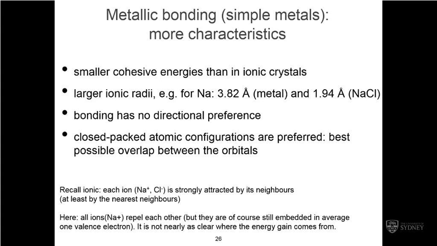It basically indicates how big the atom is. For sodium in its metal form, it has a large ionic radius, 3.82 angstrom, which is very similar to the lattice spacing of bulk sodium. The electron goes away a bit from the ion core but stays around it and makes it kind of fat, if you like.